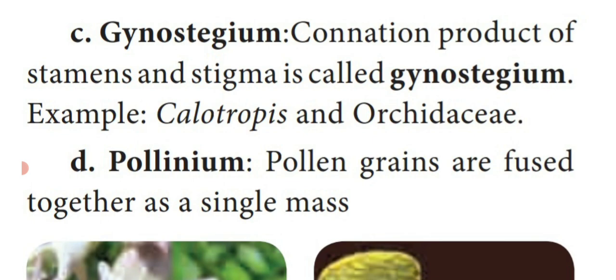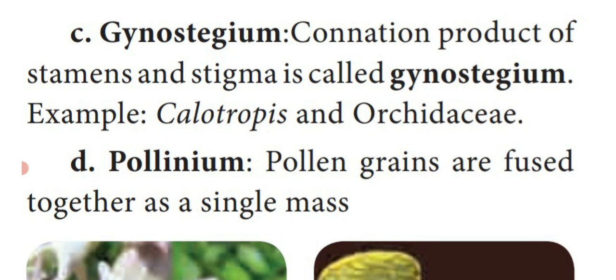The second type is stamen adnate with tepals. What is tepal? Individual unit of a perianth. That is known as epitepalous, second type. Third one, gynostegium. That means the stamen which is adnate with the stigma of a gynoecium forms the gynostegium.